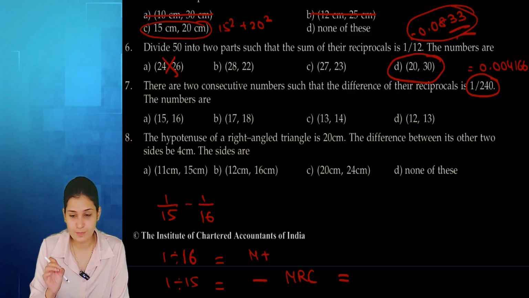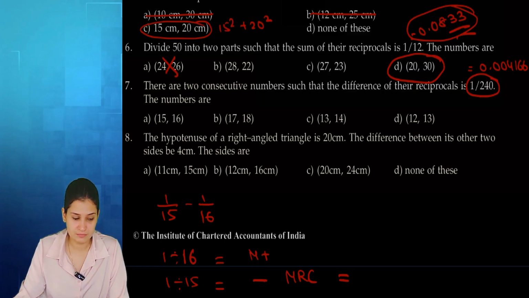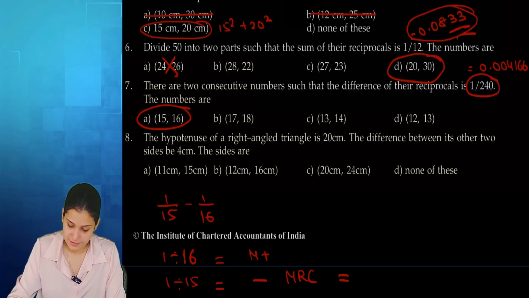As soon as you press MRC, in your screen, you should have the memory written 0.0625. And now press equal. Okay, 0.004. Got it? Everybody got the answer? Option A is the correct one.